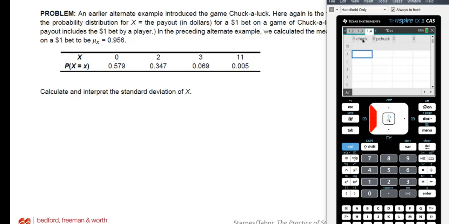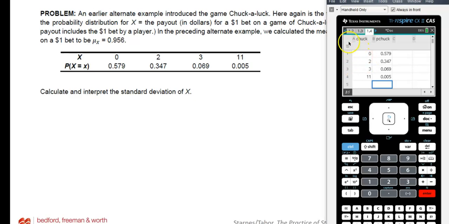So 0, 2, 3, 11, and 0.579, 0.347. That's a lot of typing in your calculator, 0.005, right?